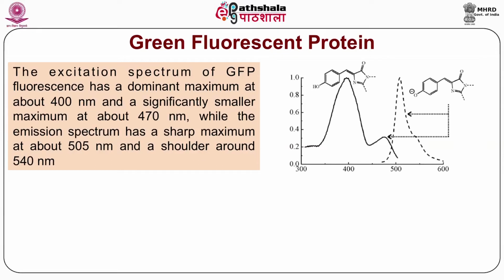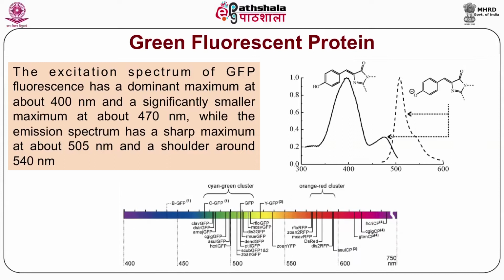So this is the spectral feature of the green fluorescent protein. You can see here the spectral properties of the green fluorescent family, in which different colors emerge at different wavelengths from 400 to 750 nanometer.